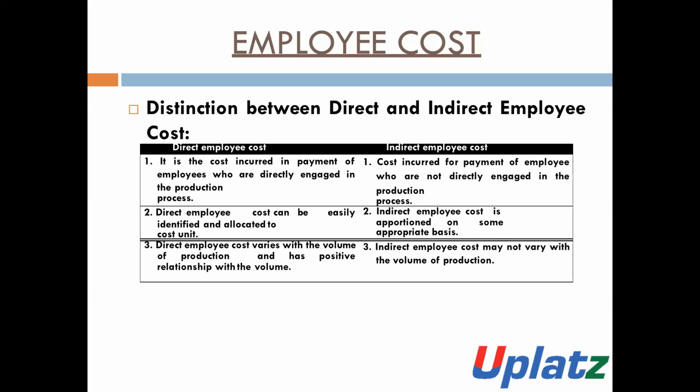When there is an increase in the production volume, the employee cost will also increase, and if there is any reduction in the production, the employee cost will decrease. There is a direct or positive relationship with the volume.